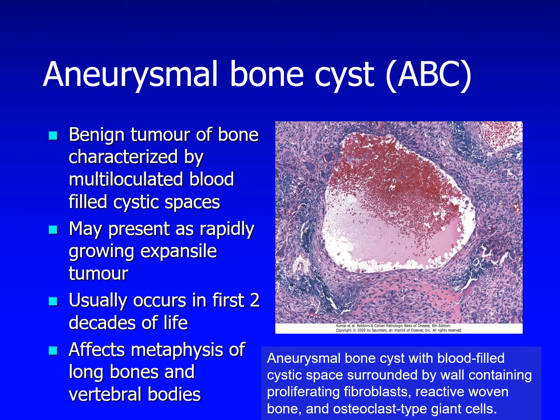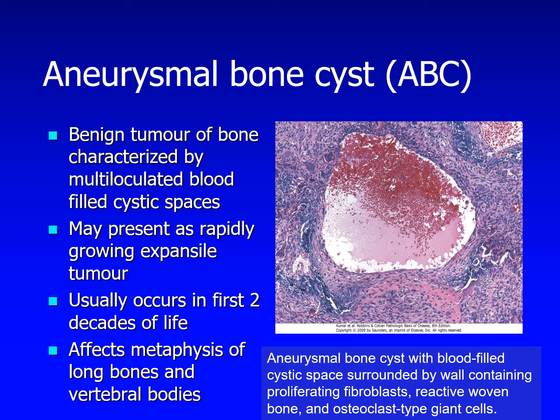Aneurysmal bone cyst is a benign tumor of bone characterized by multiloculated, blood-filled cystic spaces. ABC may present as a rapidly growing expansile tumor. The features are similar to giant cell tumor, except this tumor usually occurs in the first 2 decades of life. It affects the metaphysis of long bones and vertebral bodies.